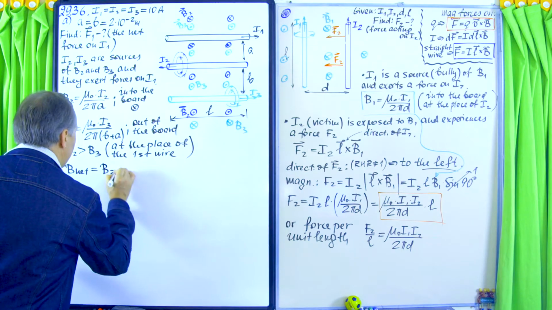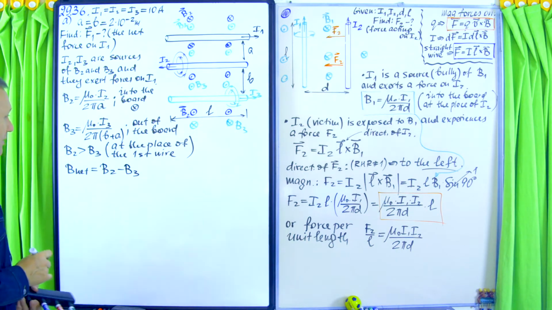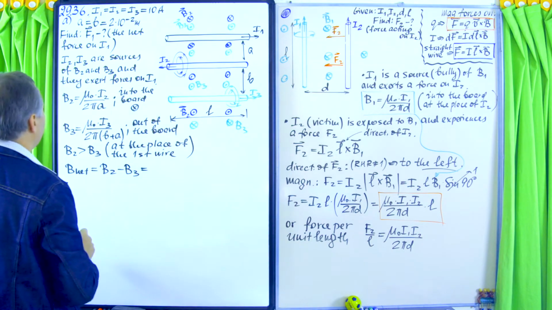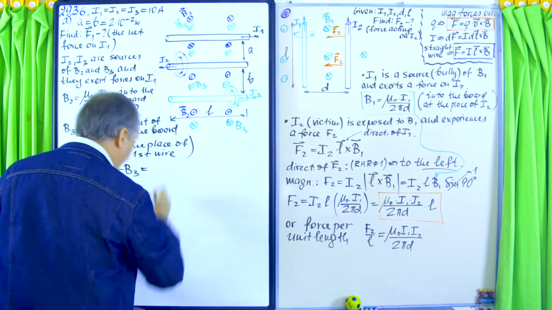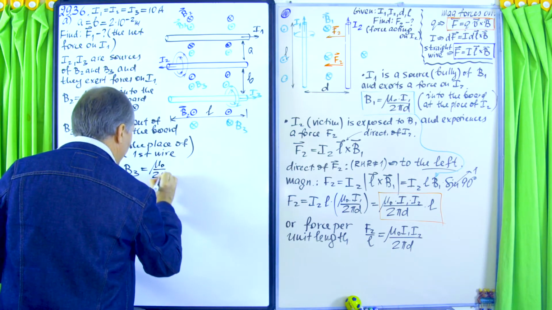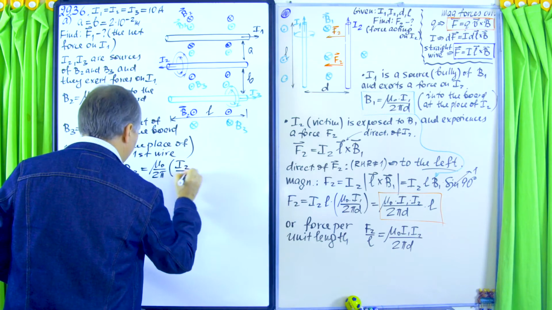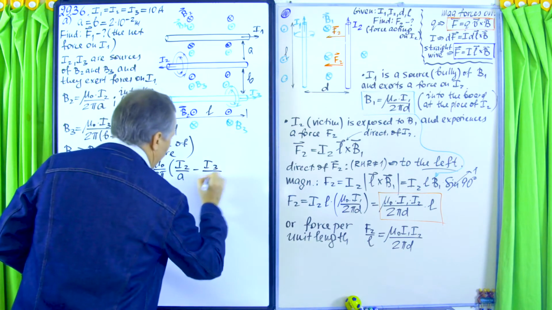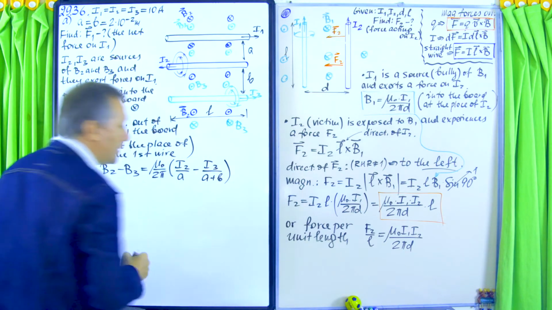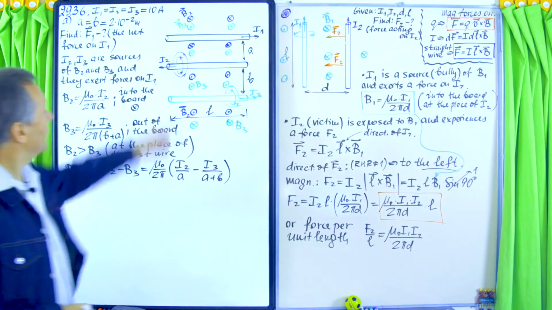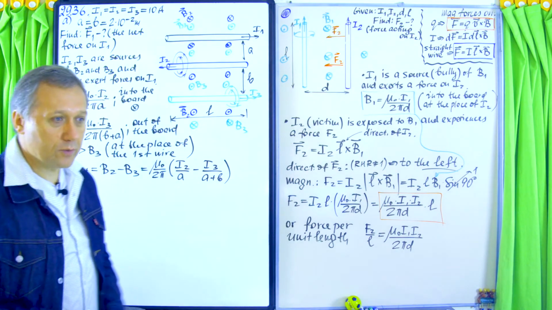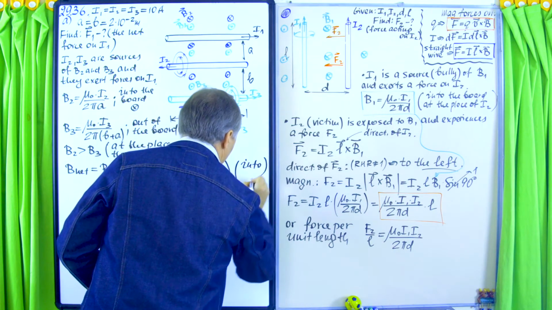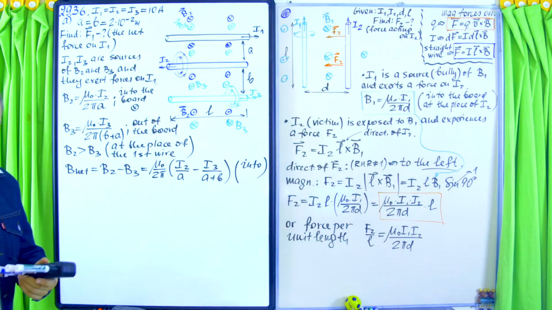So it will be, of course, B2 minus B3, because we just discussed that B2 is larger, right? And we can write which way. I will factor out mu naught divided by 2 pi, and we're going to have I2 divided by A minus I3 divided by A plus B. And direction, since B2 is stronger, of course, it will be into the page. Into. Okay, I'll just write into.